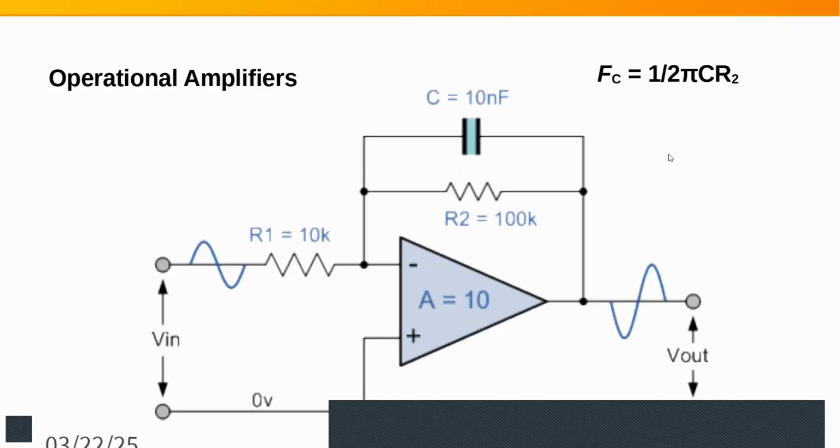So if we have our basic circuit and now we add a capacitor to the feedback resistor, what happens? Filter.